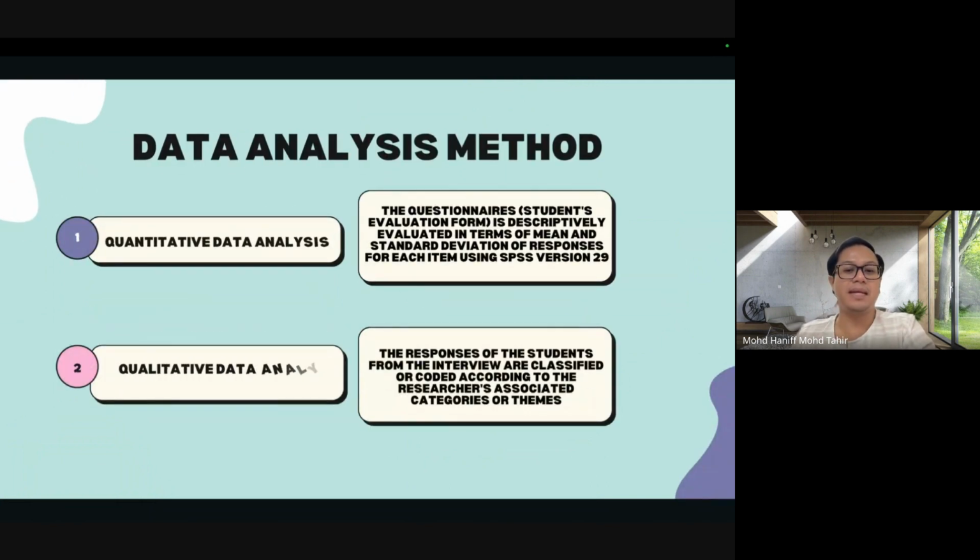In terms of the data analysis method, both quantitative and qualitative data analysis have been used to analyze the data.